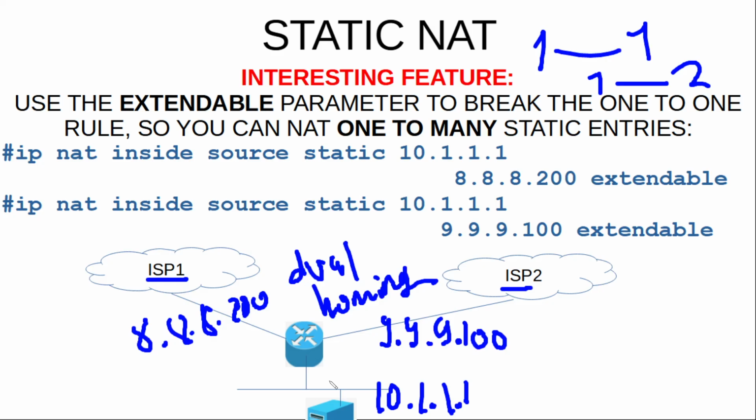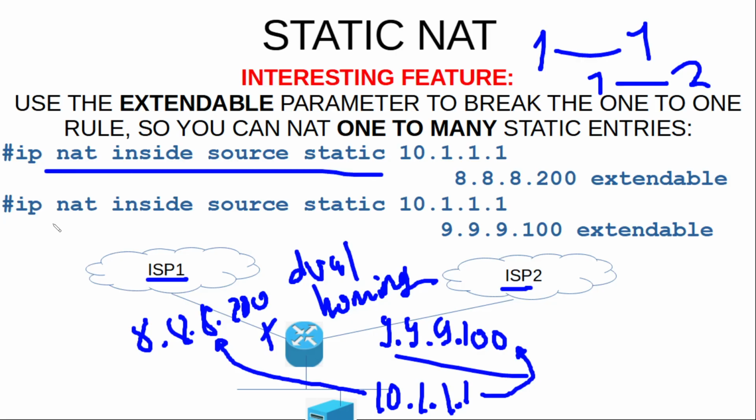10.1.1.1. So you can make this a static NAT assignment where this device is NATed to this IP address and it is NATed to this IP address. So in this case, if your ISP number one goes down for some reason, you still can reach your server through this other IP address that is public. So you can use, for instance, these two commands.